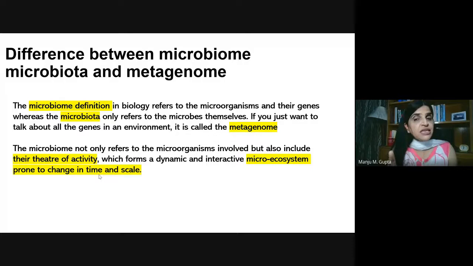It's a dynamic thing, an interactive microenvironment, meaning a micro ecosystem that can change with time and scale. So microbiome is the dynamic entity which refers to all the organisms present, the environment, and whatever is happening in that environment. But on the other hand, metagenome just refers to the genes and sequences.